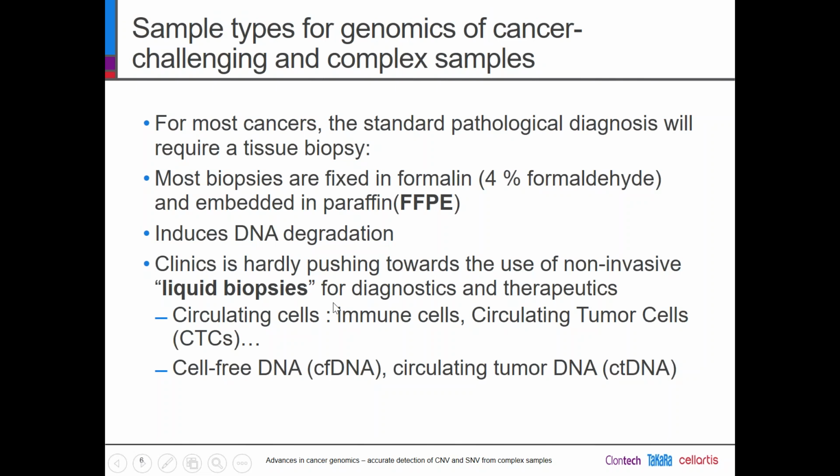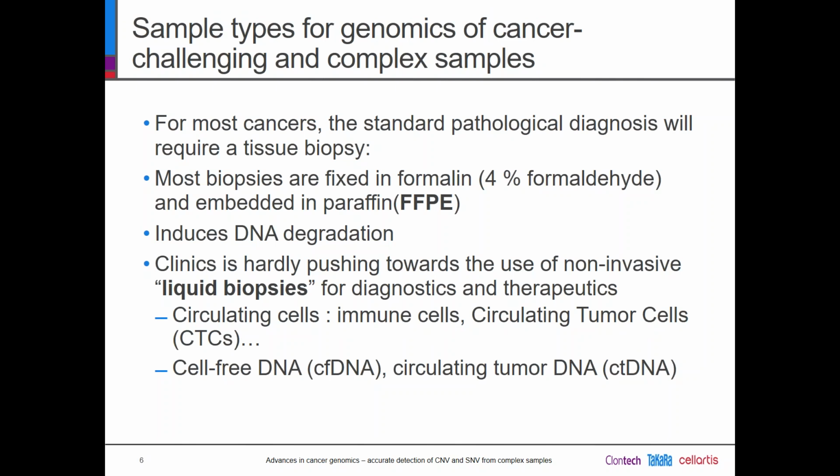And what you are looking for in these liquid biopsies from cancer patients mainly are circulating cells, those so-called circulating tumor cells, CTCs, but you may want also to look at immune cells relating to immune therapy of cancers.